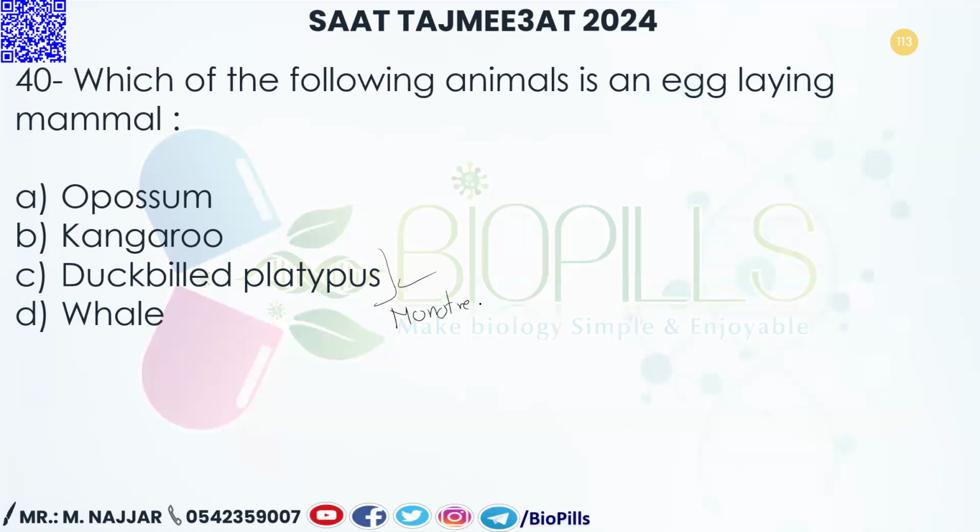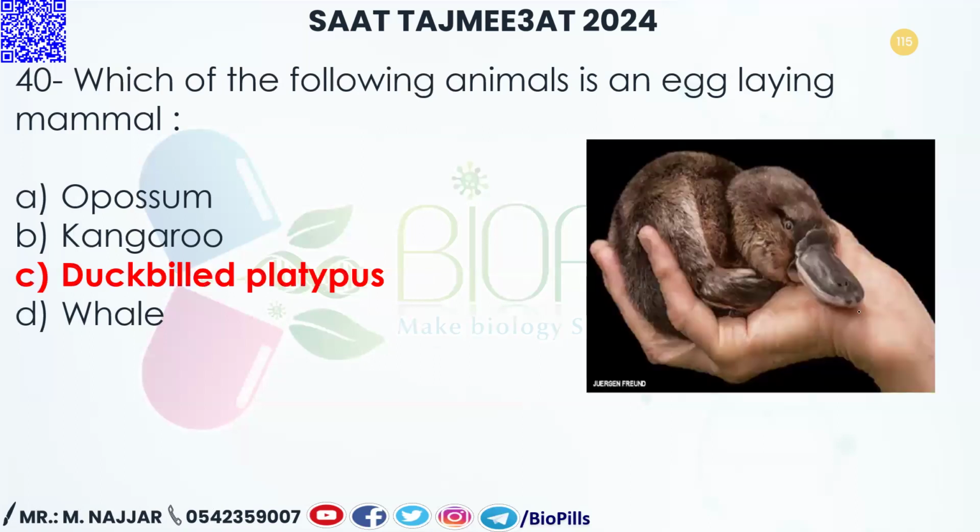Mono. Okay, monotremes. Monotremes have duck-billed platypus and echidna. Echidna, only two species left in this universe, and here we have only one. And all of those three species found in the New World in Australia. Yeah, and here is a duck-billed platypus.